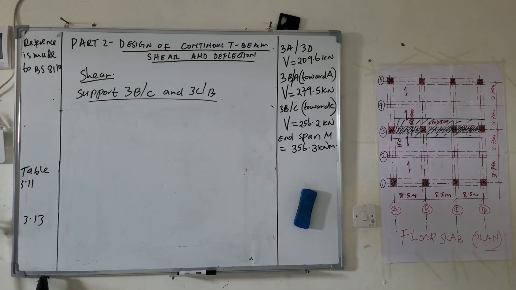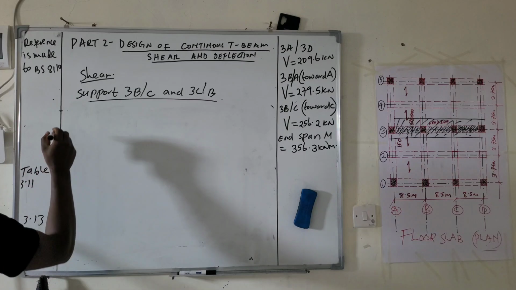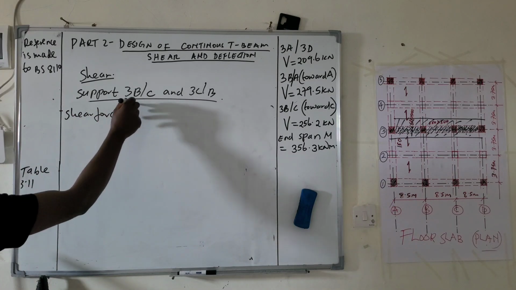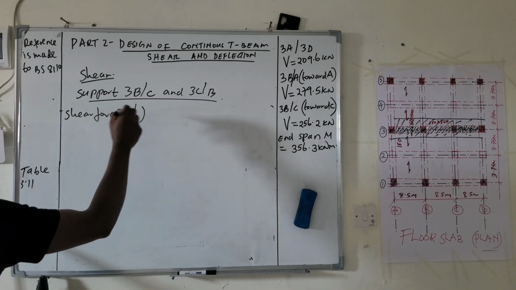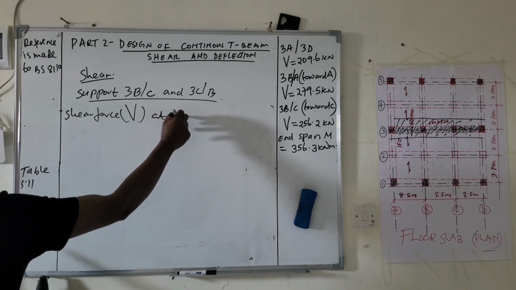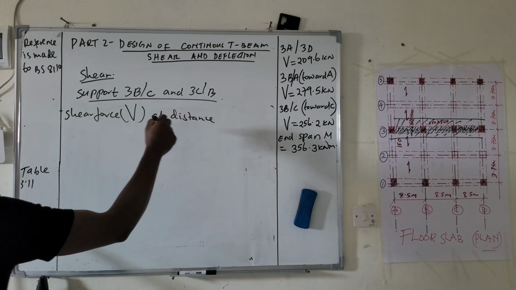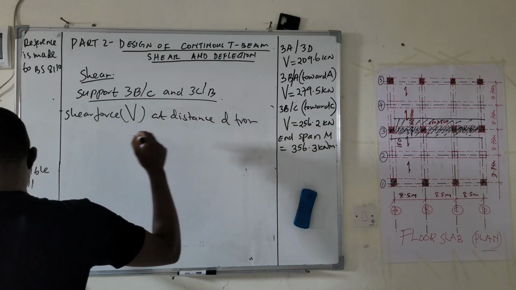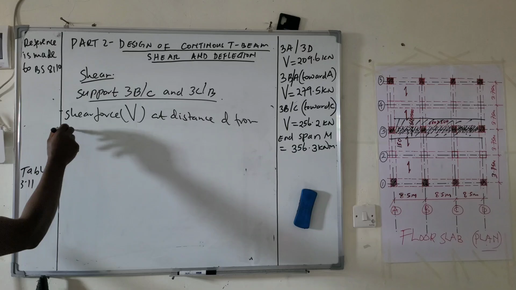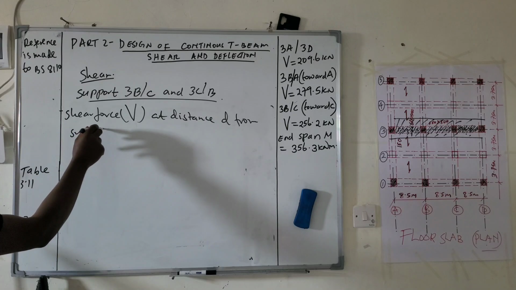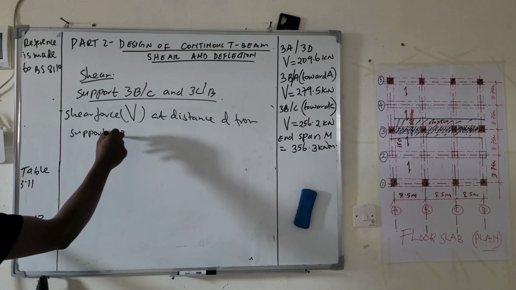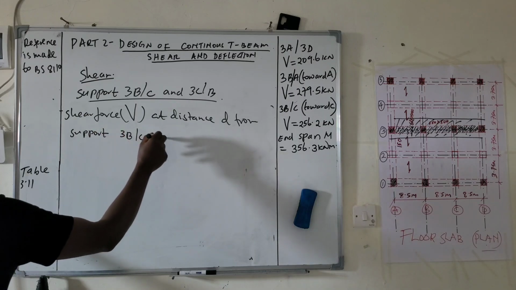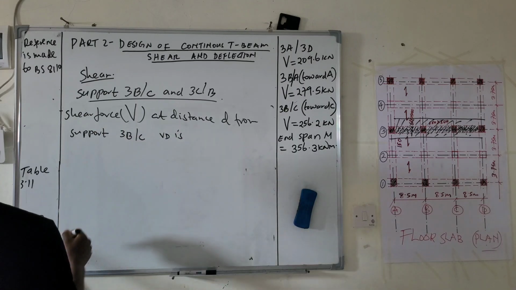3BC is shear force, which is capital V, at distance d from support 3BC, which is Vd.